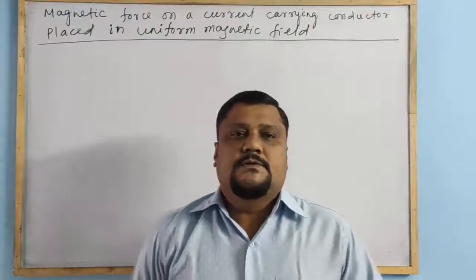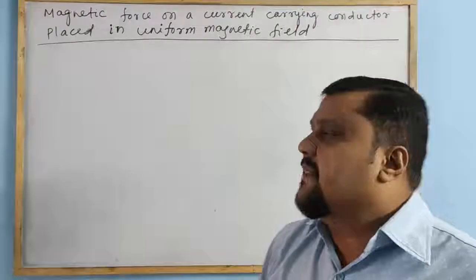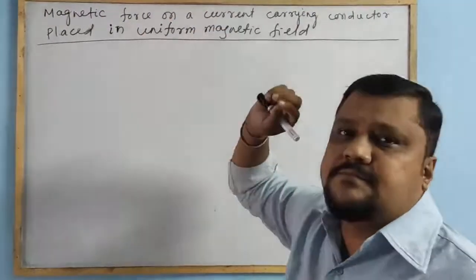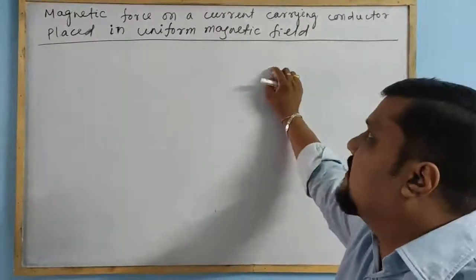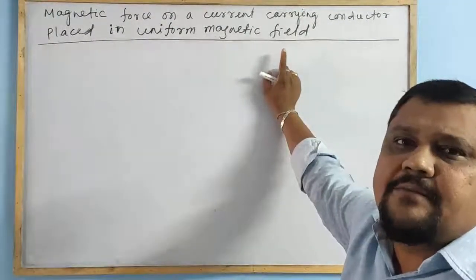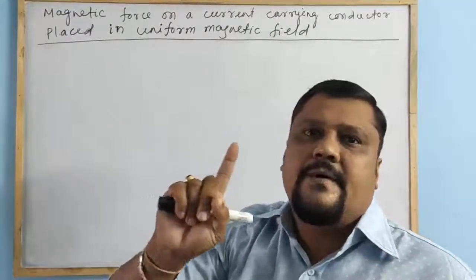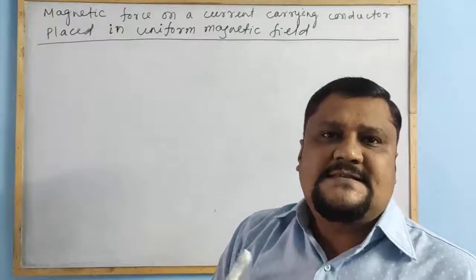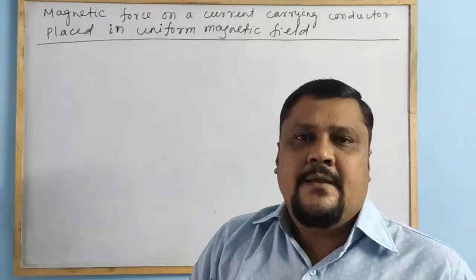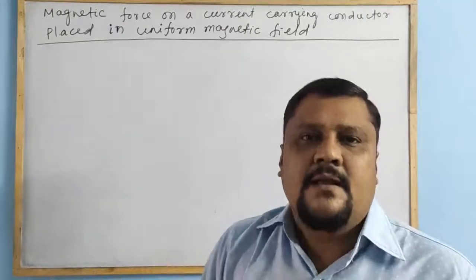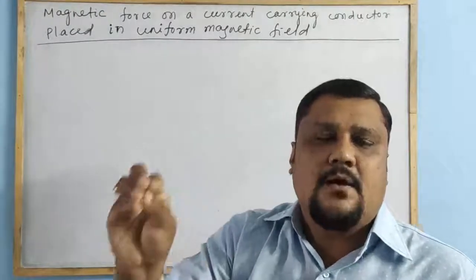Now, students, we will discuss the magnetic force on a current carrying conductor placed in a uniform magnetic field. We have discussed when a charge is moving in a magnetic field with a velocity, what is the force acting on the charge?